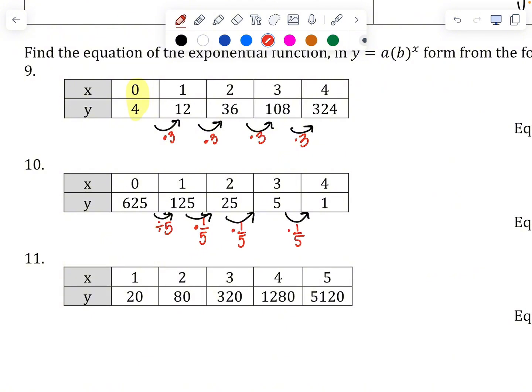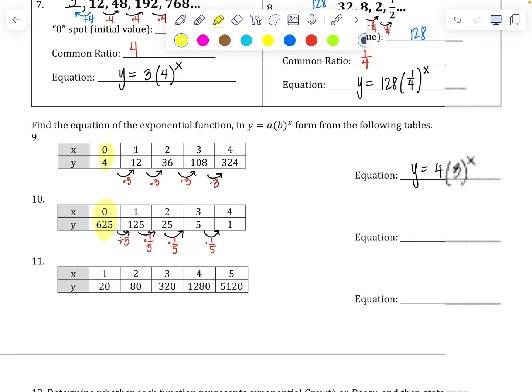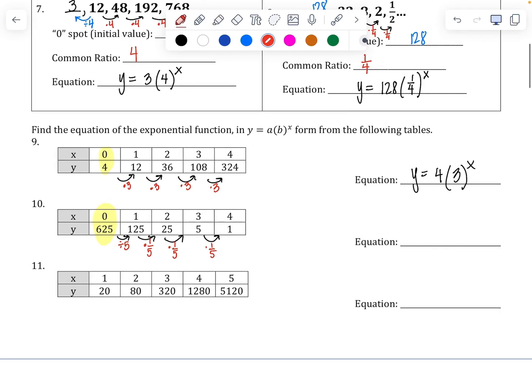Very good job. Is our 0 spot given to us, class? Yes, our y-intercept is there. Great. So we have our starting number and our multiplier, so we're good to go. So tell me, Diego, what my equation is. Y equals... No, not yet.